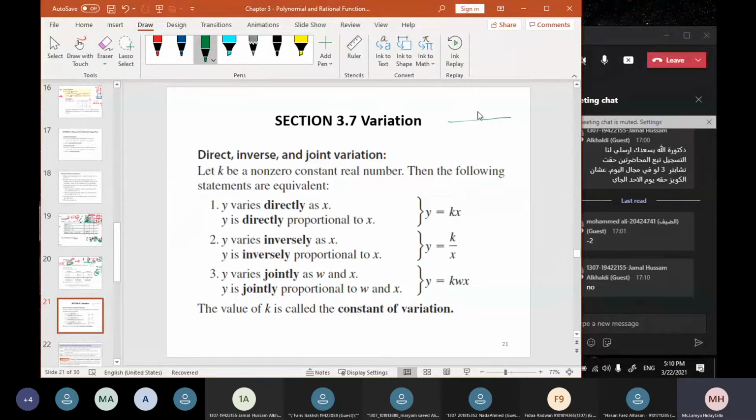Okay, if we have a function, look at the x-axis and this is the y-axis. If we have a function, let's say like this. Okay, what kind of variation is that?